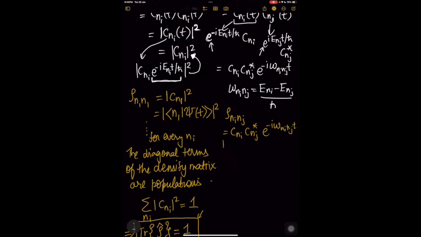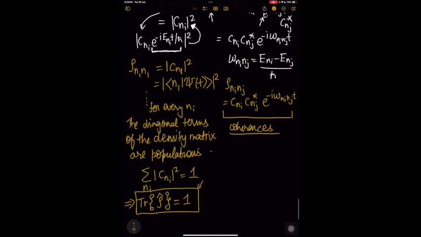So these are known as coherence terms, which oscillate at a frequency given by the difference in energies of the ni and nj state, which I shall again jot down: E ni minus E nj over h bar.